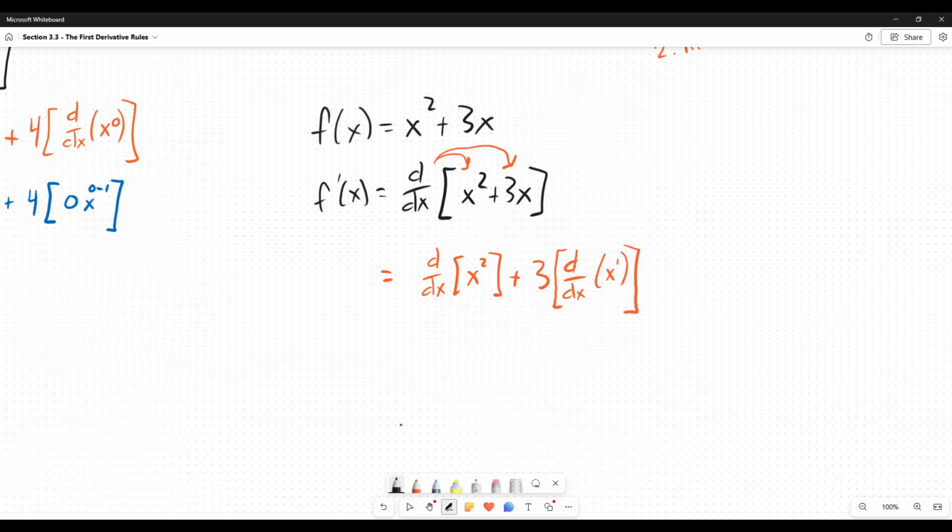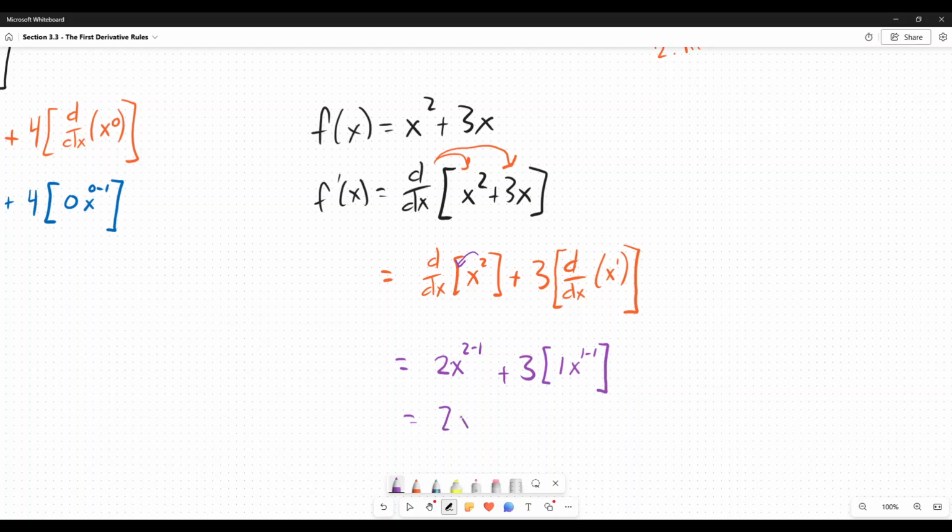So keep in mind, what are our rules? We bring down the power and reduce it by 1.